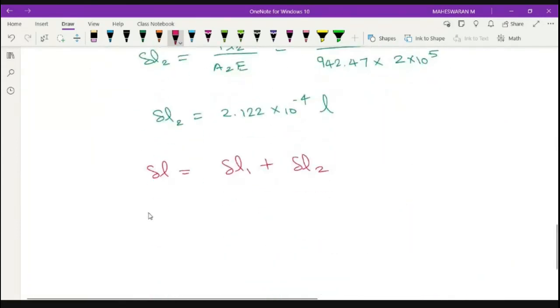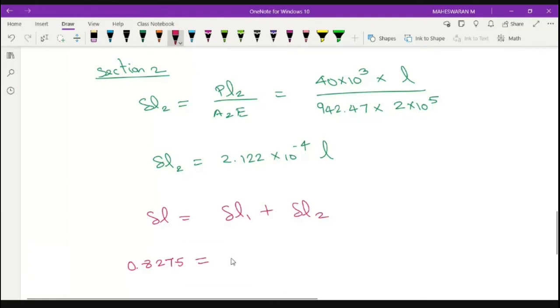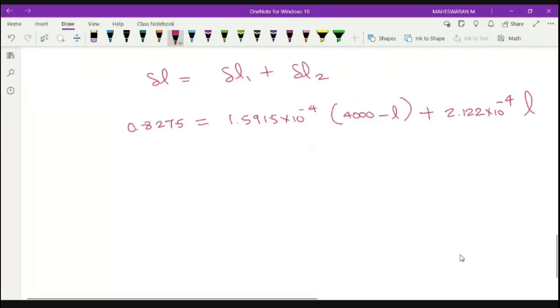This 0.8275 is equal to del L1, which is 1.5915 into 10 power minus 4 into 4000 minus L, plus 2.122 into 10 power minus 4 L. So can you solve this? You have only one unknown term, which is L. So can you solve and tell me what is the value of this L?